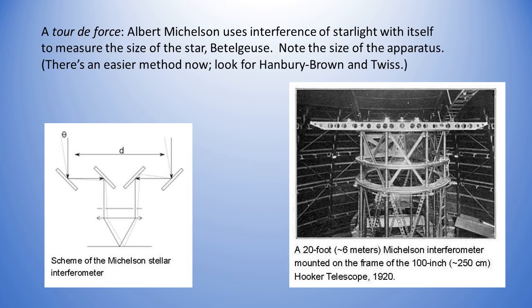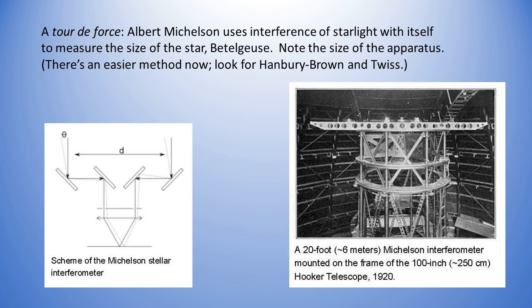There's an easier way to do that now with just two moderate telescopes and what's called a high precision delay line to record the arrival of these photons at two different places.